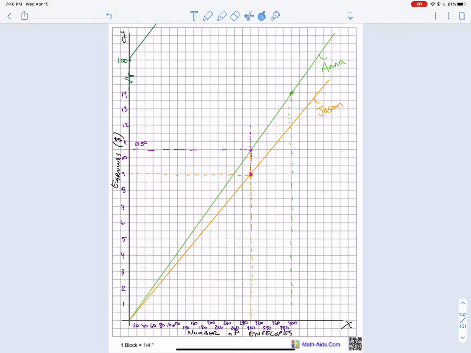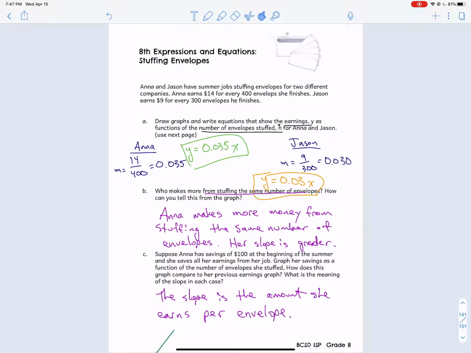So it's really hard to see on this graph. But if we extended it, we could see, so the slope is going to be the same. Okay, it's going to be parallel to the green line that we drew before. It's just going to start at 100 this time instead of 0. So how does the graph compare?